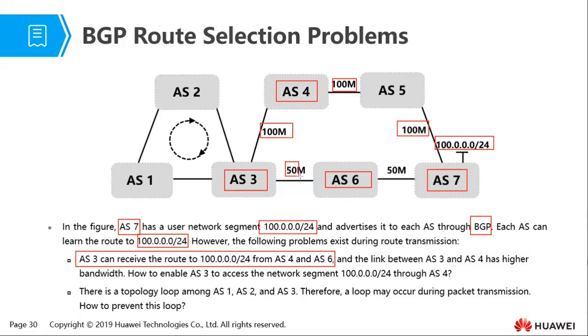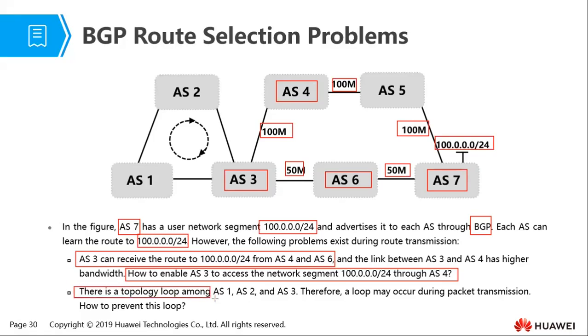This one, on the other hand, is shorter but has a lower bandwidth. So how do you enable AS3 to access the network segment 100.0.0.0/24 through AS4? Because this is the best path, because it has the highest bandwidth. So how do you enable AS4 to achieve that? That's the first question, and we are going to get the answers through the BGP attributes.